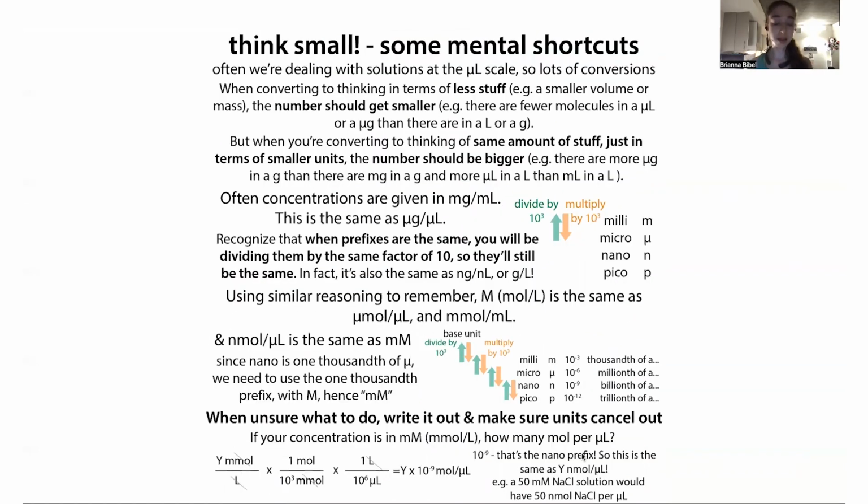So always remember that mg per mL is only part of the story, because proteins don't work in terms of mg per mL. They work in terms of how many copies there are, and also sometimes how functional those copies are. So we need to be able to convert between these, and the molecular weight is able to help us do this.